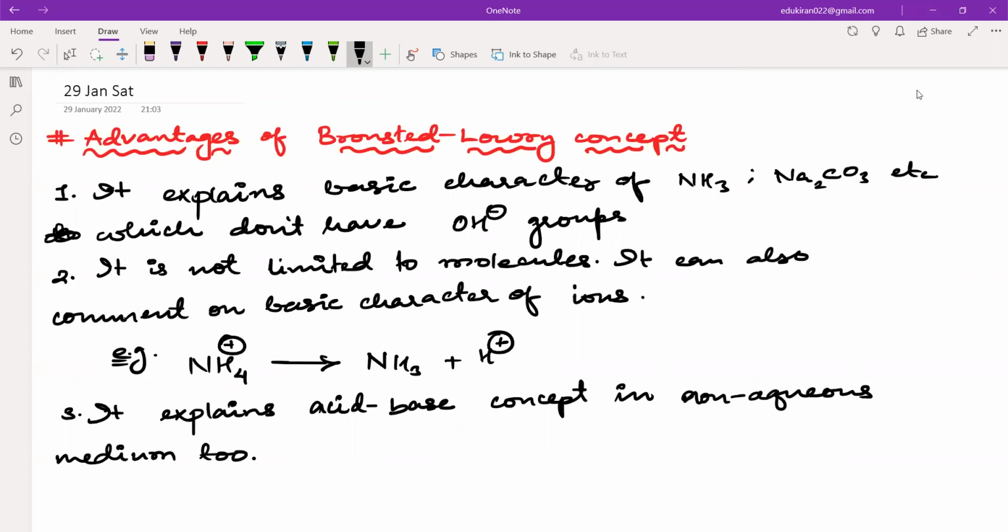If you look at the Arrhenius concept, it said that if you put a species in water, then does it liberate H plus or does it liberate OH negative? So Arrhenius concept was dependent on water. That was only for the aqueous medium. Bronsted-Lowry concept has nothing to do with the medium. It is just saying something about the species. Whether you put it in water or ammonia, it doesn't matter. If it is abstracting a proton, that means it is eating up a proton, that means it is a base. If it is giving proton, that means it is an acid. Okay, so write these 3 points. Let me know if you are done.